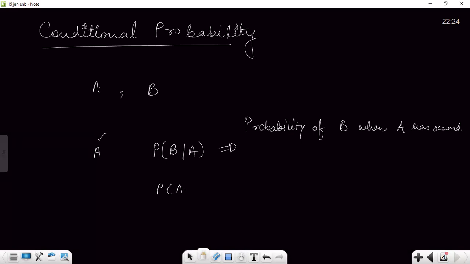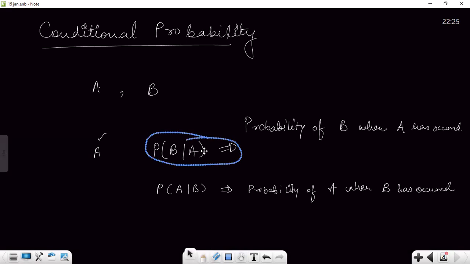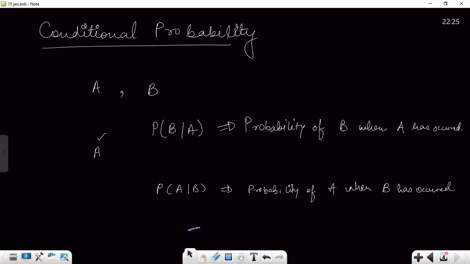Or if I write probability of A, this means the probability of occurrence of event A when B has taken place or occurred. Via these definitions, we are able to understand that somewhere A and B have to affect each other, then only the conditional probability has any role in it.